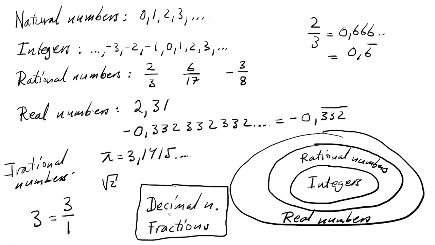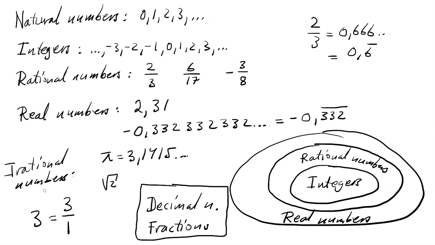They're not the type. For example, here a rational number, we can write it as a fraction of two integers, but we can also write it as a decimal number. So these are just different ways of writing things. So 2/5 can be written both as a decimal number and a fraction. But 2/5 is a rational number. It's not an irrational number, for example.